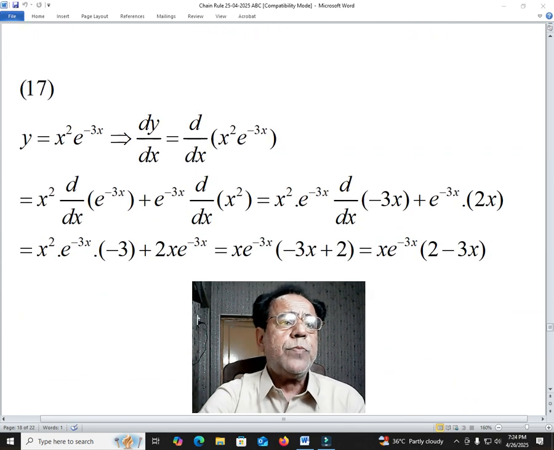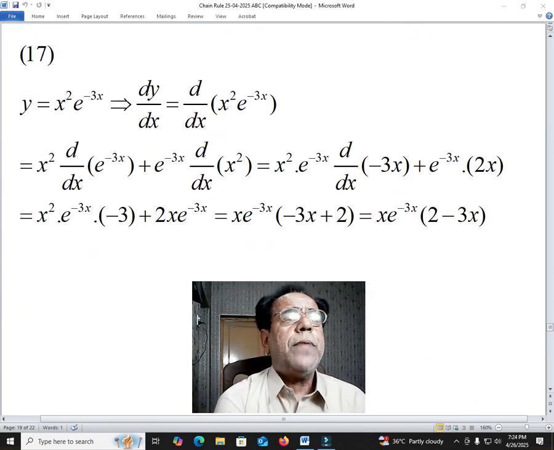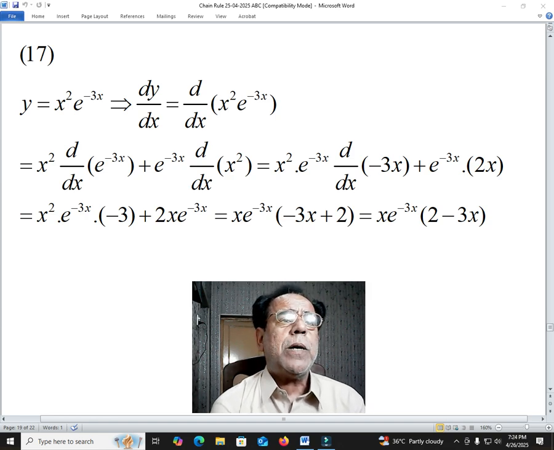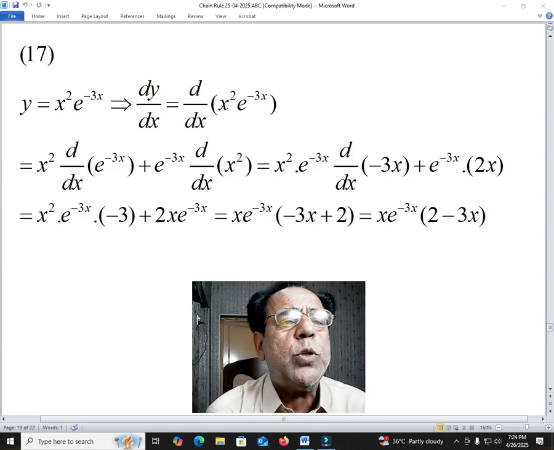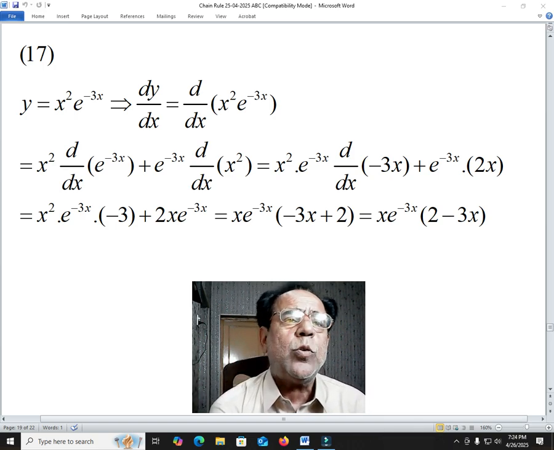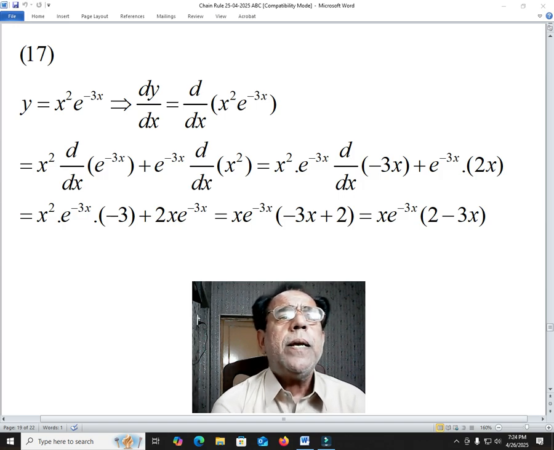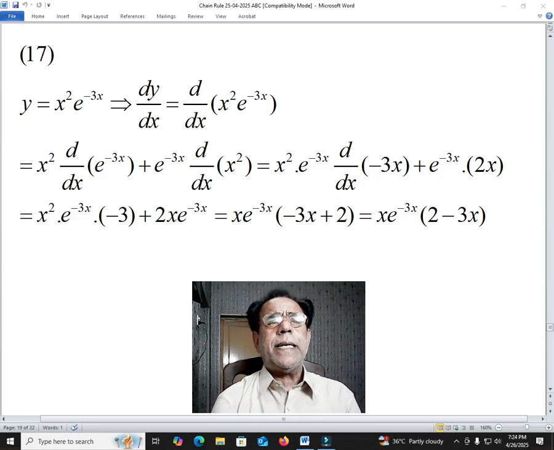Okay, problem number 17, y equal to x square into e raised to the power minus 3x. Okay, here function is a product of two functions. Okay, product rule will apply. So dy by dx equal to d over dx of this.